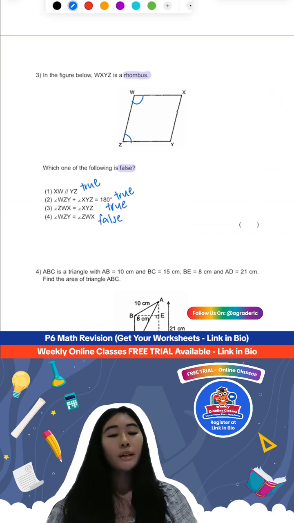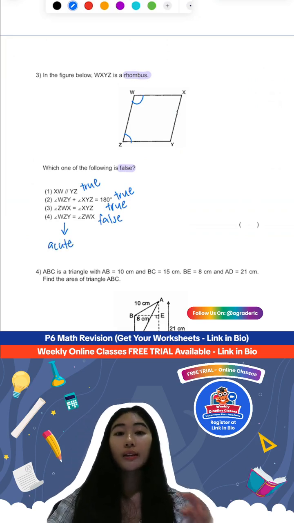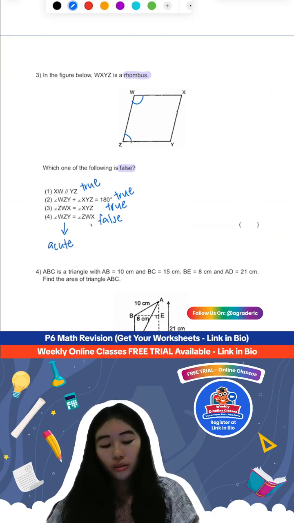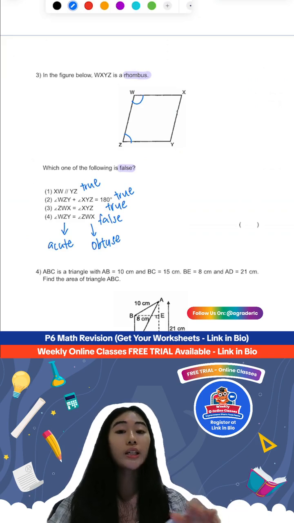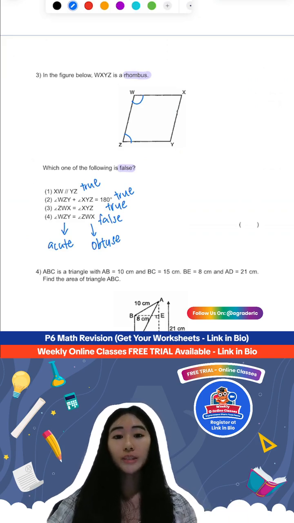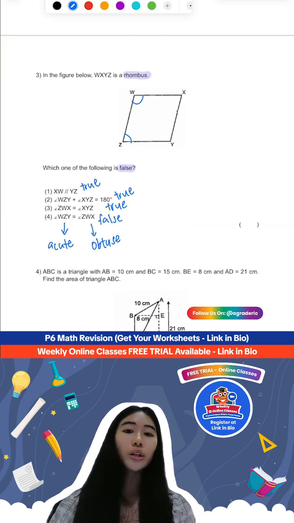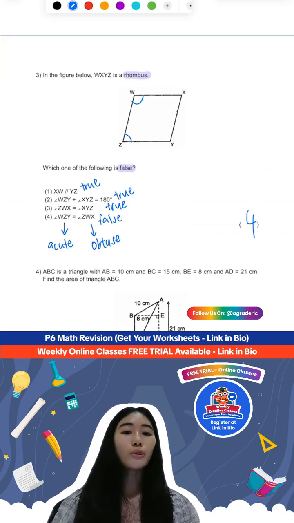From the diagram, you can see that the first angle is actually an acute angle, and the other angle is actually an obtuse angle. So how can an acute angle be equal to an obtuse angle? That's why it's false, right? One is acute, one is obtuse. It cannot be equal. So 4 is the answer. 4 is false. Most of you got it right, which is great.